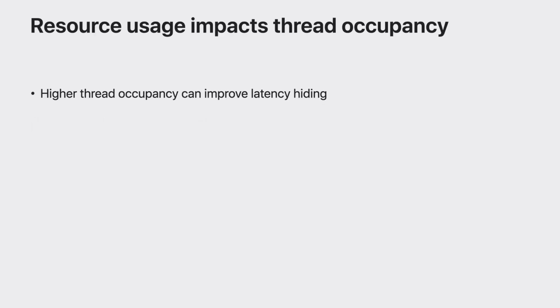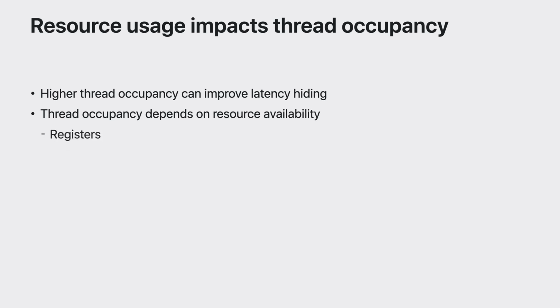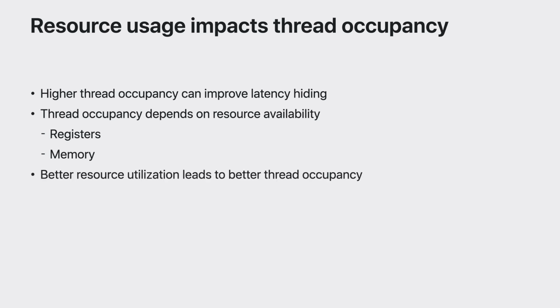Increasing the thread occupancy is very important to improve latency hiding in shader execution. Thread occupancy really depends on the amount of available resources, be it registers or memory. So optimized usage of data from the shader can increase thread occupancy. Apple Family 9 GPUs have new advancements related to occupancy management.